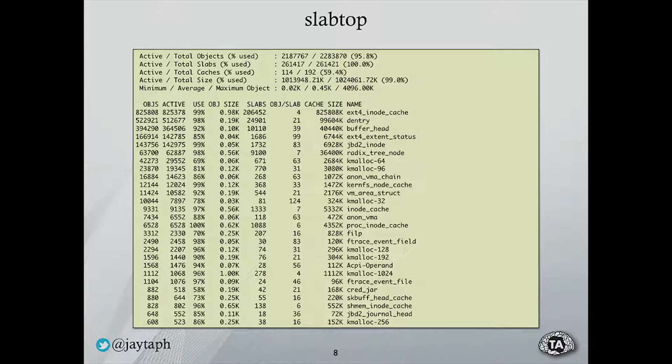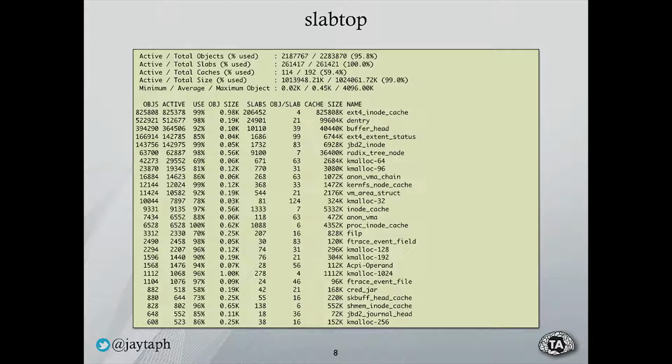The top part says ext4 inode cache. Basically this is the file system cache from Linux. So this is a very large number. It's how much? 825 megabytes, I think. Yeah, that's a large number that is just cached for files.